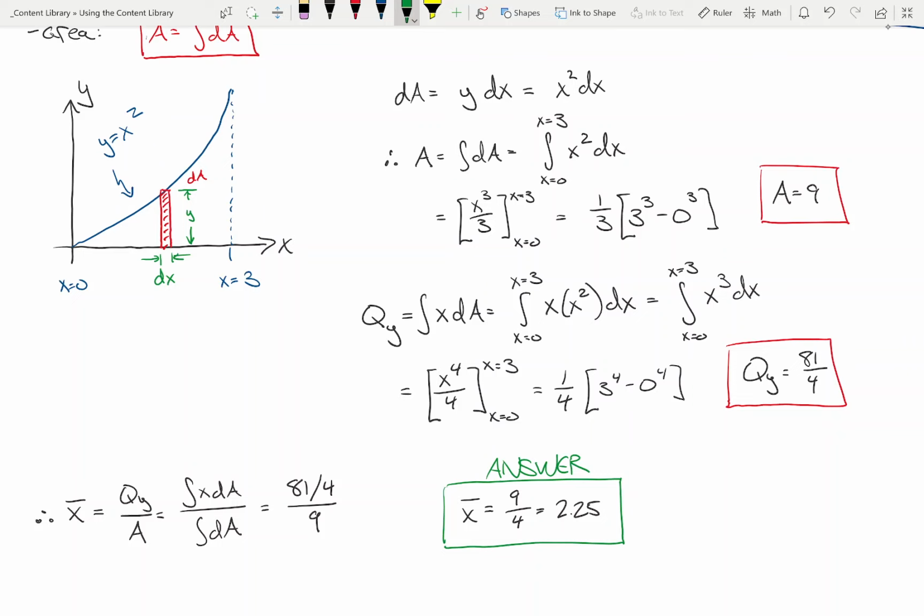Does that point kind of ring true? Would this make sense if this was 7.25? No, it's got to be somewhere in here, right? So it being 2.25 shouldn't be all that scary.